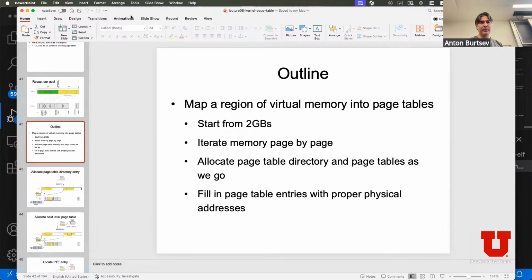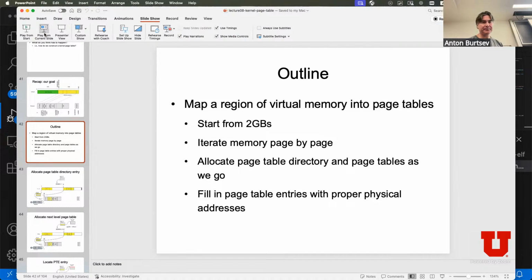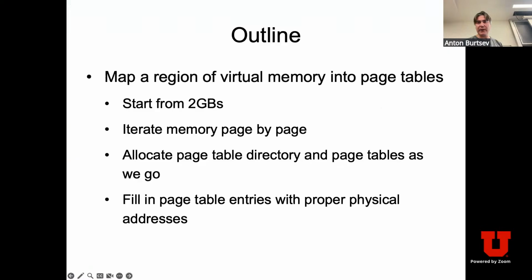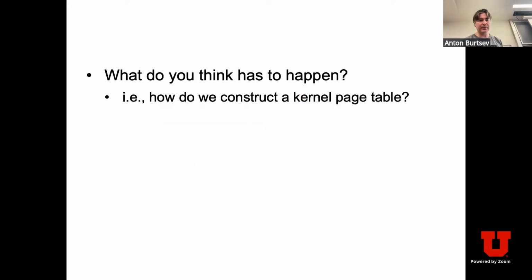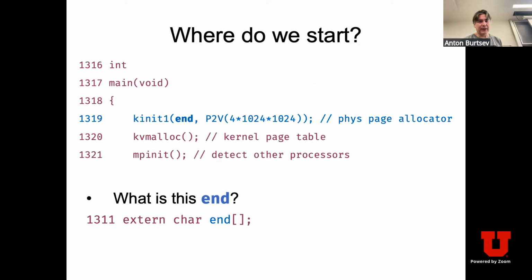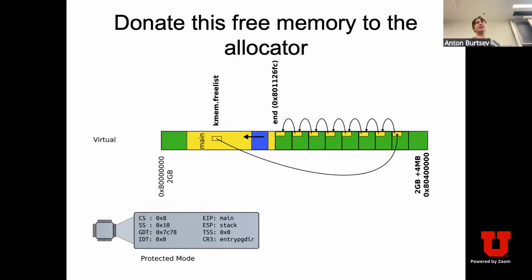Okay, so then let's get back to the lecture. Do you guys remember what we were trying to do? We initialized the kernel memory allocator, which keeps track of available physical memory in the system, right?